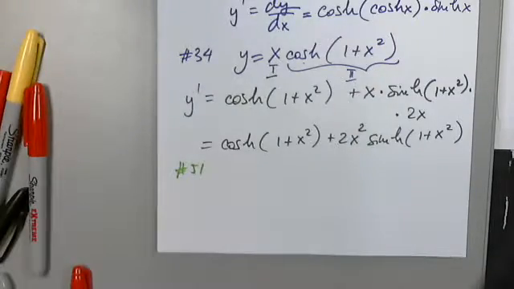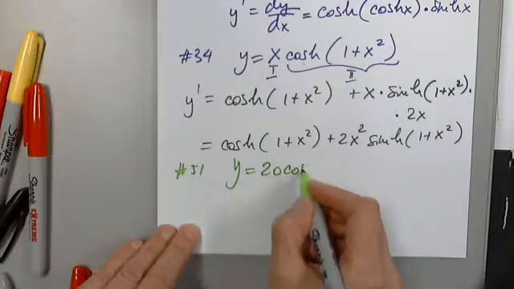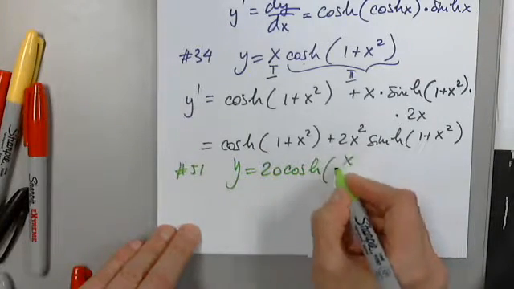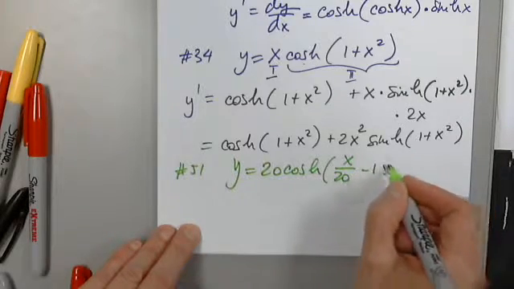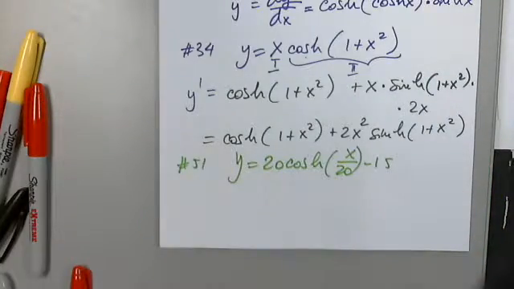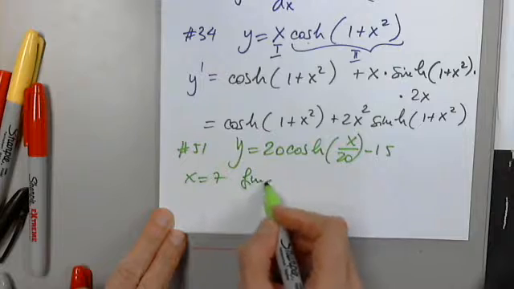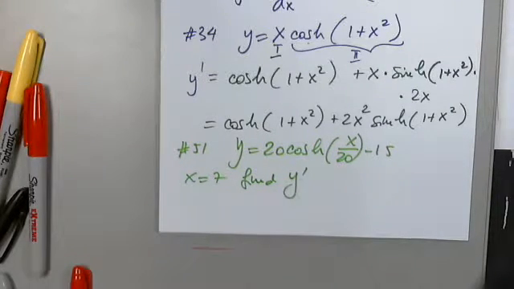We are given the function y equals 20 hyperbolic cosine of x over 20 minus 15. Find the slope of this curve where it meets the right pole. The right pole is when x is 7. So when x is 7, find y prime.